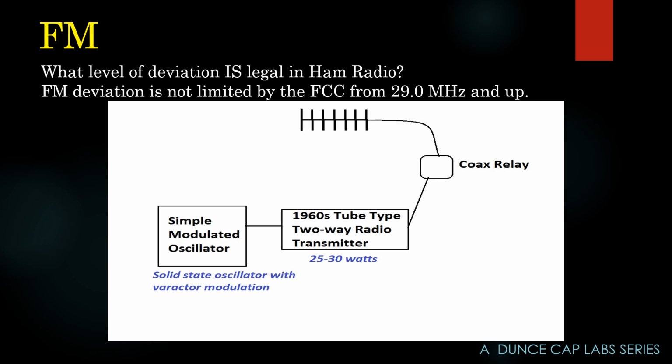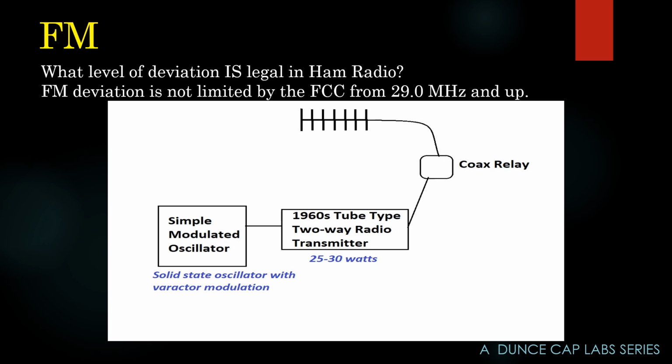So what we would do is build these little simple oscillators, feed our microphone signal into them, which makes FM. We'd feed it through an old converted tube type radio transmitter, and we would transmit on the 440 megahertz band a very wide banded FM signal of about 20 or 25 kilohertz.